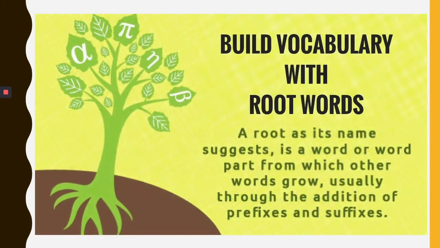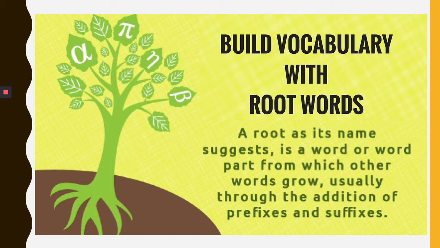Root words are also a name for stem words. It depends on the grammar. But a root word is a word or part of a word that is the origin of new words.